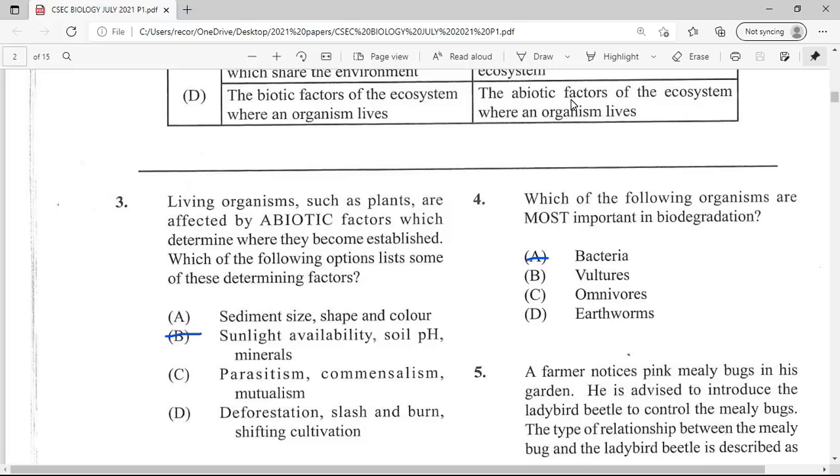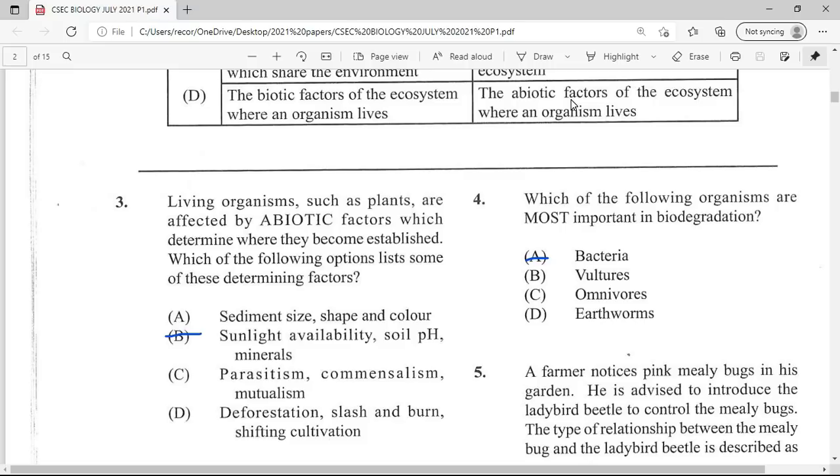omnivores, we have earthworm. This is a very interesting question because if you know vultures, they pretty much eat the remains of organisms, more so animals, so to speak. Omnivores, they will be eating both plants and animals, like you and I, and so on.